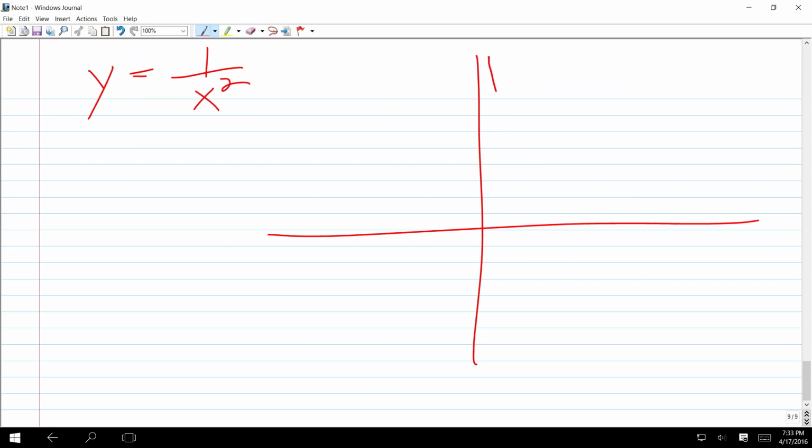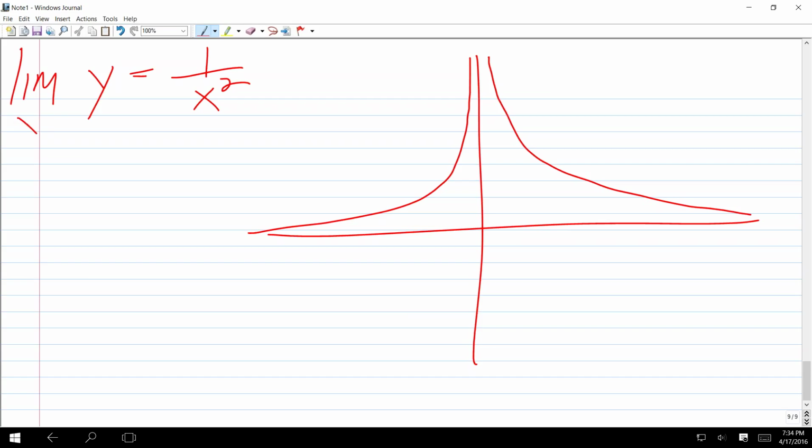Another one that's kind of interesting. y equals 1/x², which is kind of hyperbolic in nature, but not quite. What is the limit of that as x approaches 0 from the right?